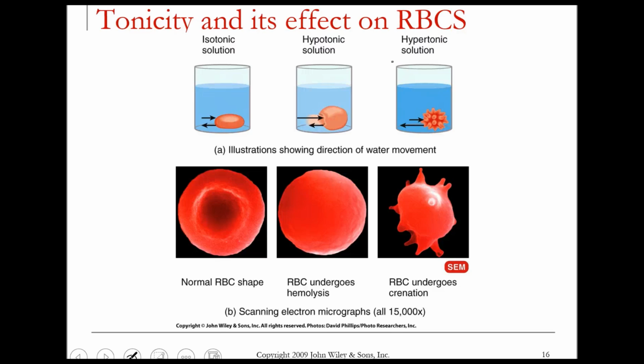Tonicity literally describes how a cell will behave. Now, let me give you a hint. Most cells on the face of the earth, including human cells, will have within it a relative concentration of 0.9% salinity.